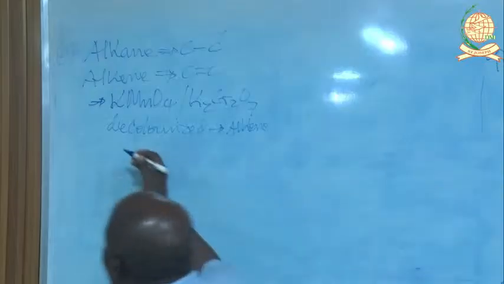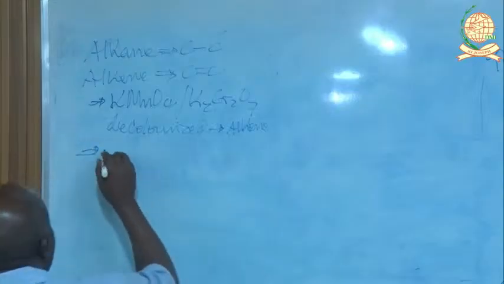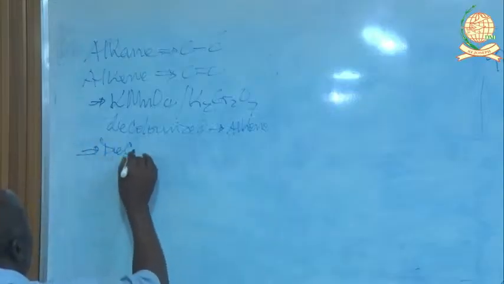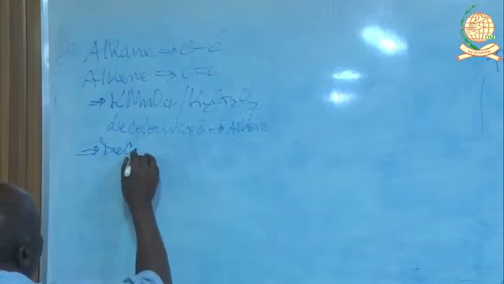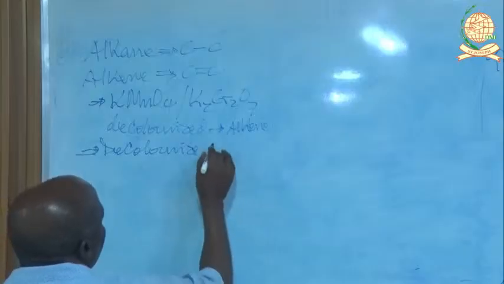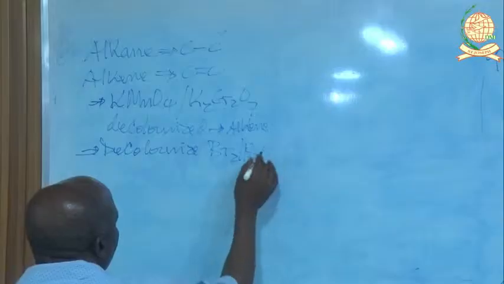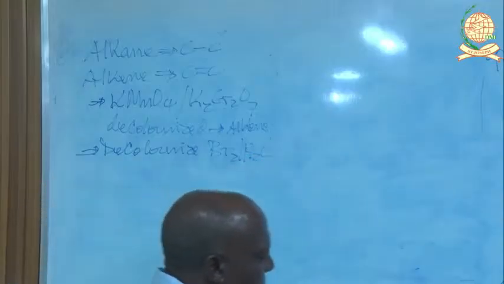Then another test is that alkenes can decolorize bromine water. Bromine water is brown in color. Now, as we have seen here, bromine water reacts with the alkene.